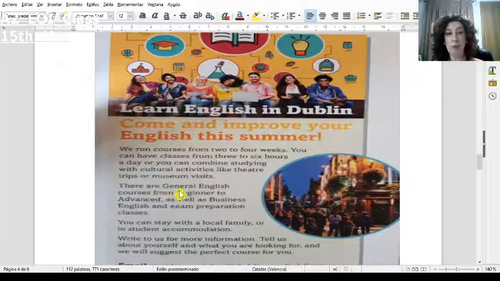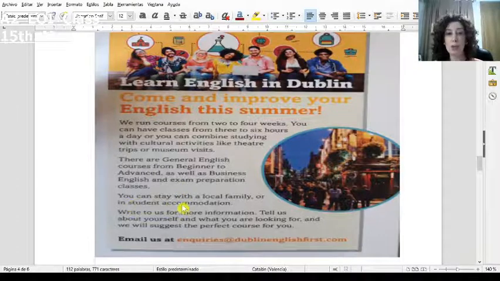There are general English courses from beginner to advanced, per tant, també n'hi ha intermediate, as well as business English and exam preparation classes for Cambridge, official school, whatever. You can stay with a local family or in a student accommodation, una residència d'estudiants or a host family.